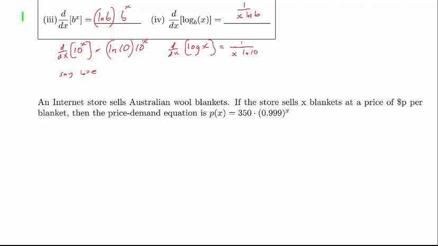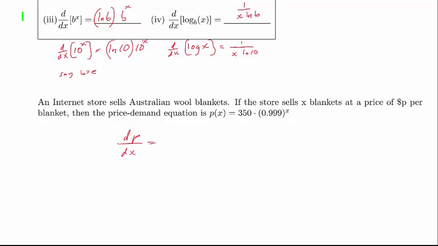We're going to find this by finding what is called the marginal price. This is one way of finding things. So what is dP/dx, right? How does the price change as we increase or decrease the number of blankets for sale?